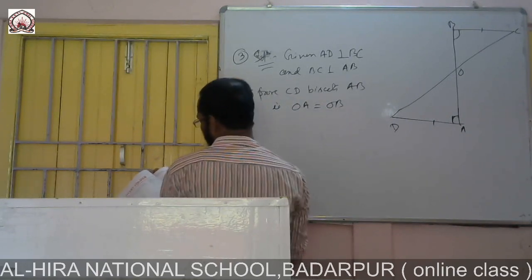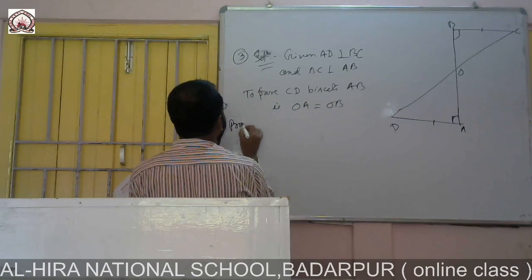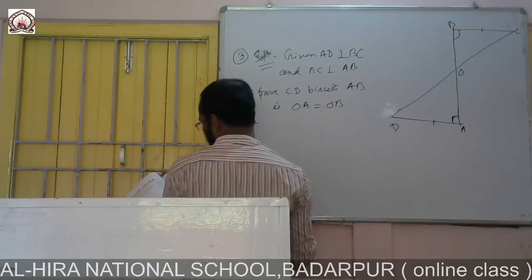So how to proof? Write the proof and compare the triangles. There are two triangles.